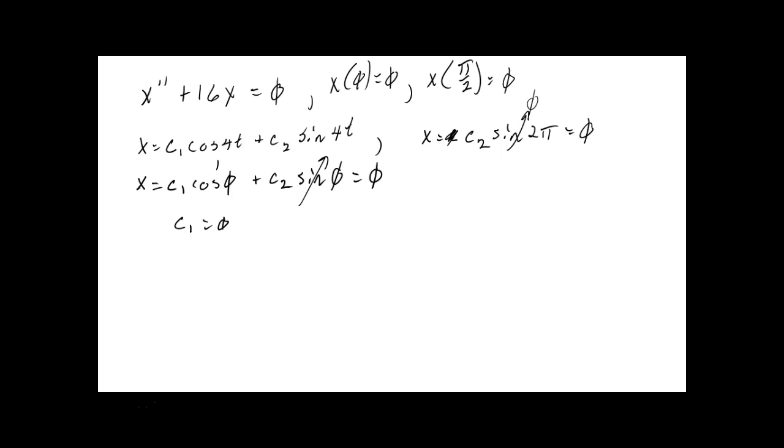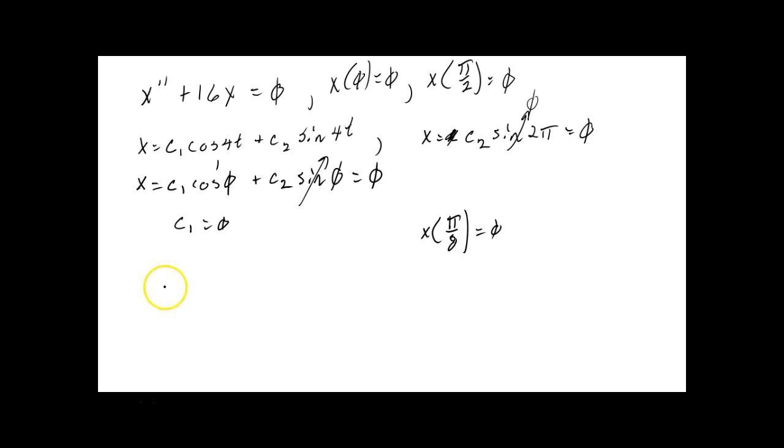Now, what if you change the second boundary? Let's see. Kept the first one the same, made the second one x of pi eighths is equal to 0. Okay? Now, you plug in, you still get c1 is equal to 0 from the first one.